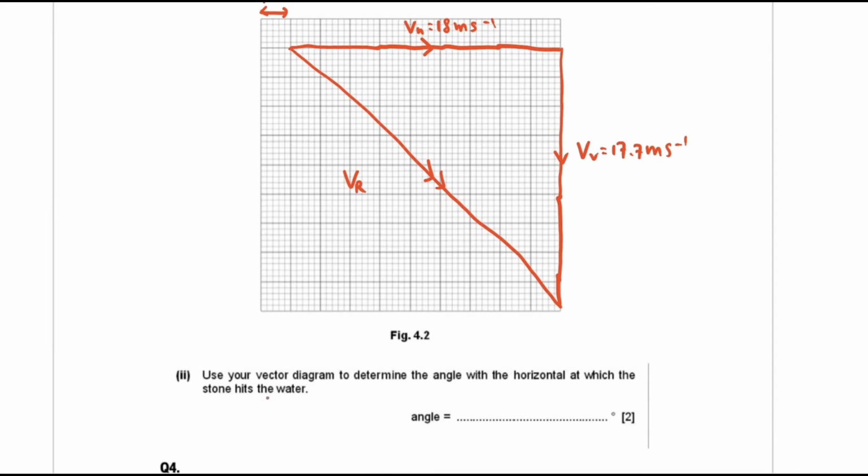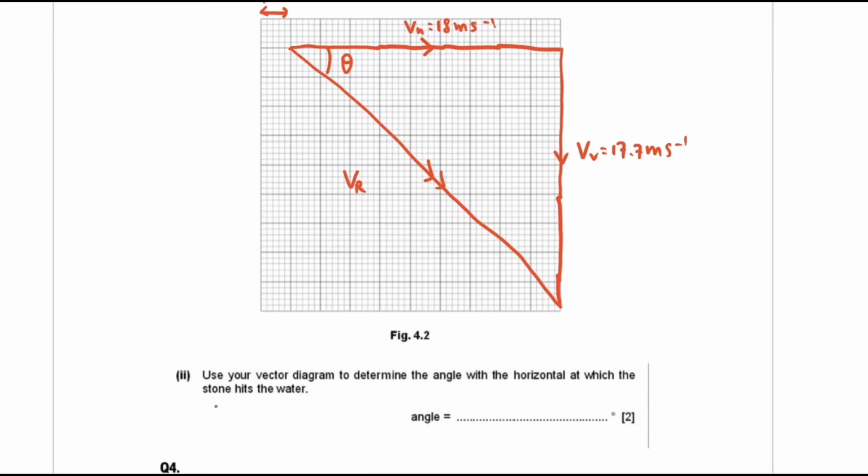Use your vector diagram to determine the angle with the horizontal at which the stone hits the water. So we want to find this angle. They say use your vector diagram, so you would use a protractor to measure.